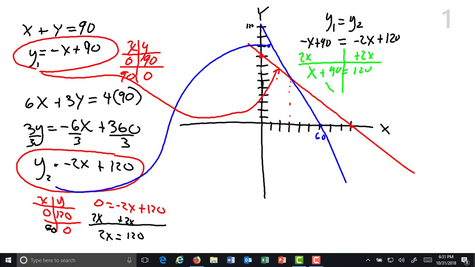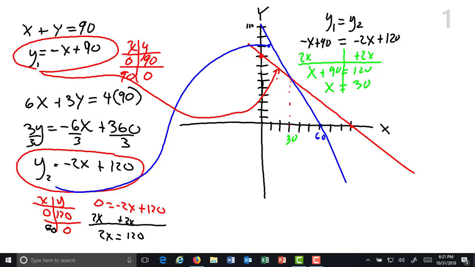So you see I'm going to subtract 90? So what does that leave me? 30. Okay, so x is 30. Now, once I have an x, I can plug it into either y1 or y2. This is the same process over and over.